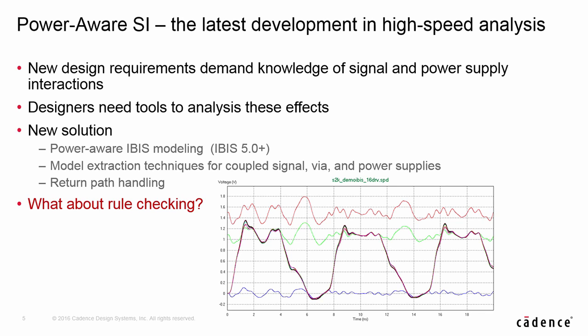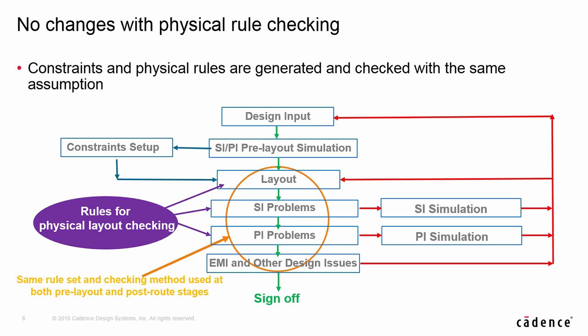The new simulation technology is supported by power-aware IBIS modeling, signal power extraction, and return path handling. On the rule checking side, however, there is really no rule set yet. If we examine the sample sign-off flow again, we can see that there is no checking on power noise effect on signals. In other words, SI and PI problems are still checked separately.